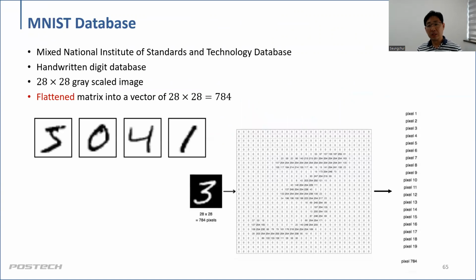One of the famous examples is the MNIST data set. Probably for most of you it is not the first time seeing the word MNIST. MNIST is the Modified National Institute of Standards and Technology database. Basically, in the post office, you see a lot of handwritten digits, so we call it the handwritten digit database.